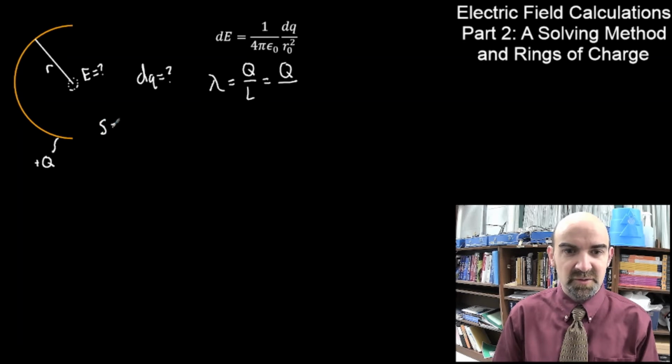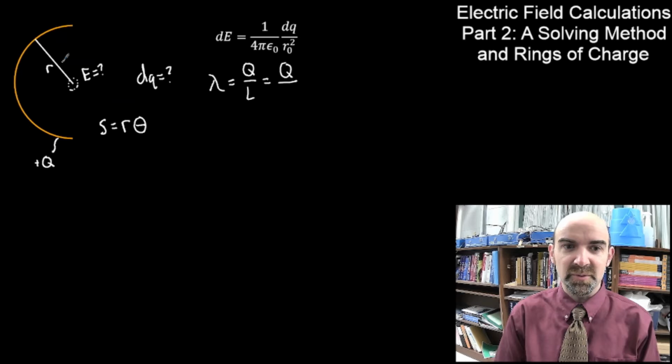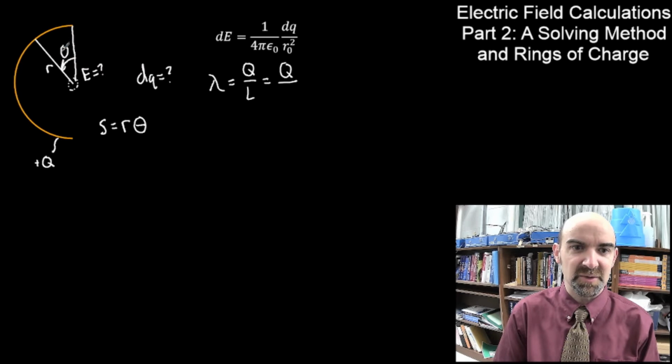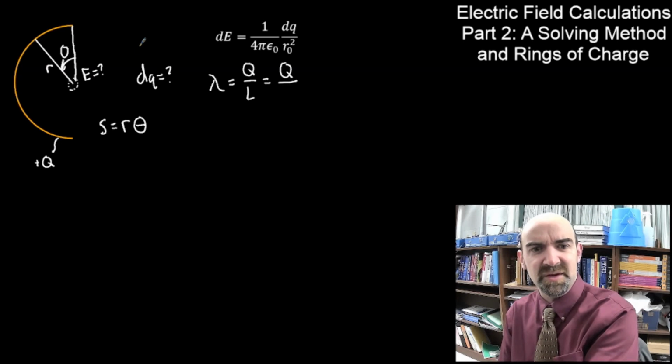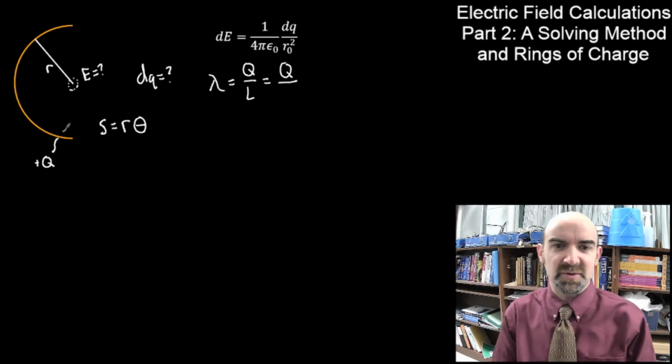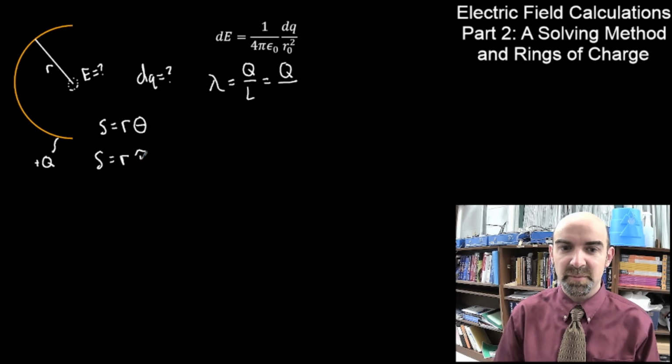Generically, arc length s is equal to the radius times the angle that you're arcing through. So if we arc through this much angle, then s would be defined as that length of the circle. In this case, we're doing the entire half of the circle. So in terms of angle, half of a circle is pi.